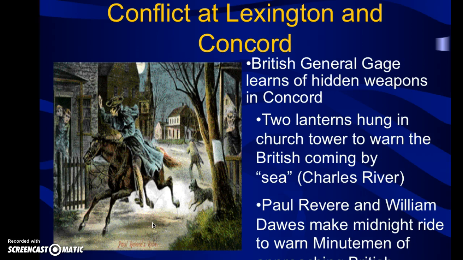Paul Revere and William Dawes made a midnight run to the Minutemen approaching from the British soldiers. This ended up being the first battle of the Revolutionary War, and is something you'll probably want to be writing down at this point.